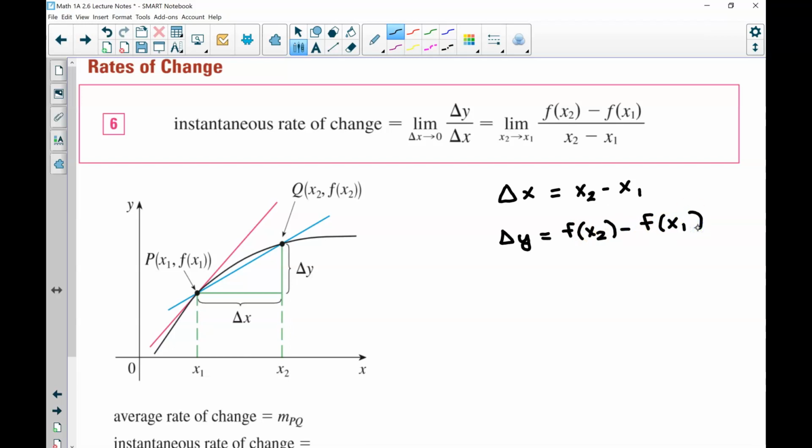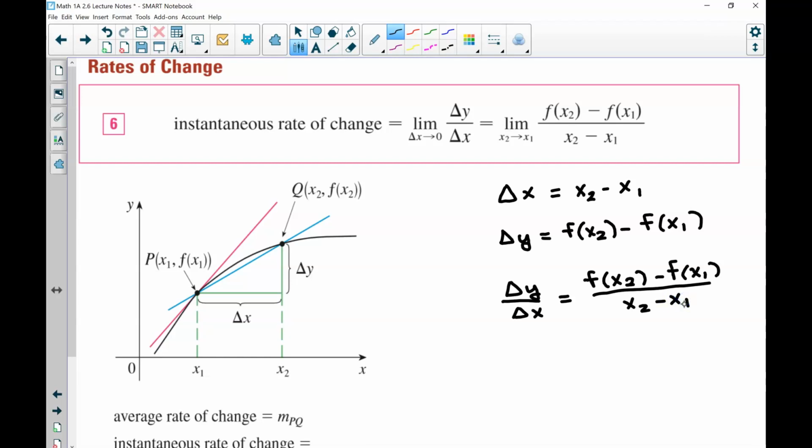Okay? And then if we want to find the difference quotient, that means you would write the change in y over the change in x, which would equal f of x2 minus f of x1 divided by x2 minus x1.